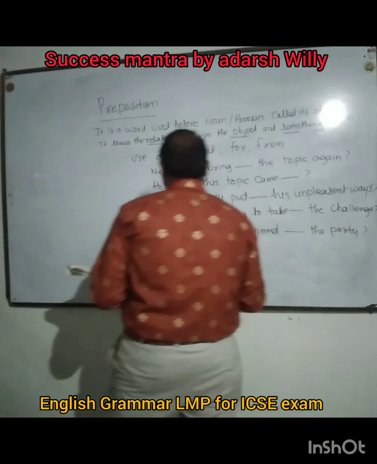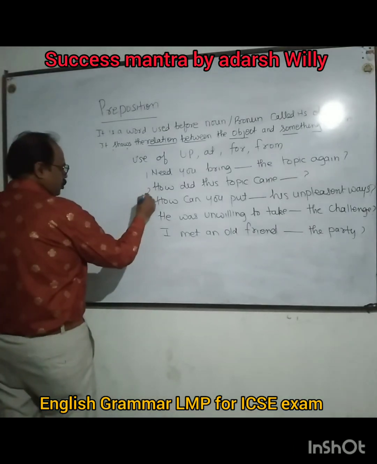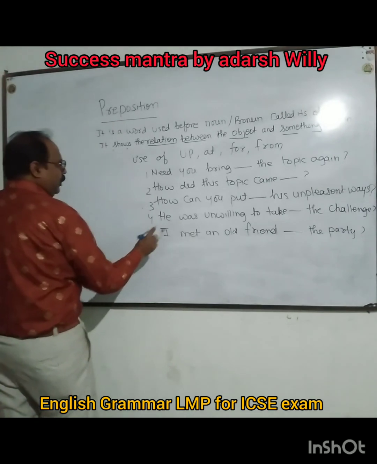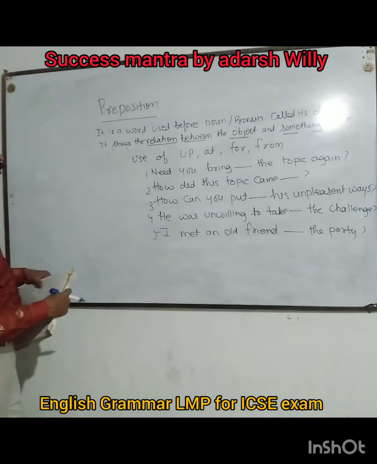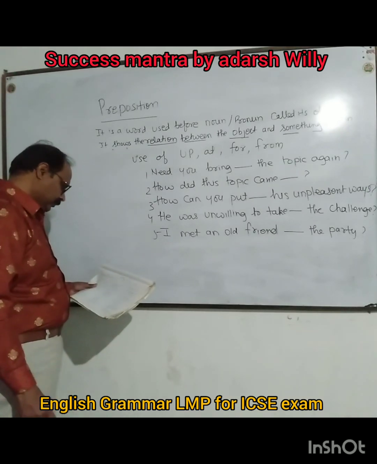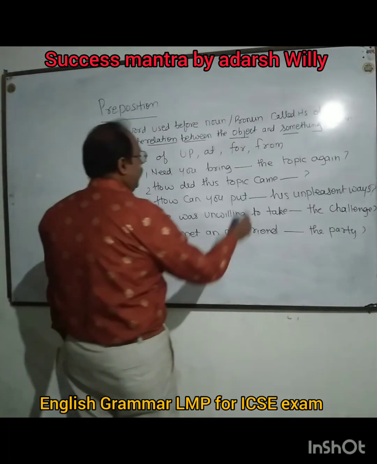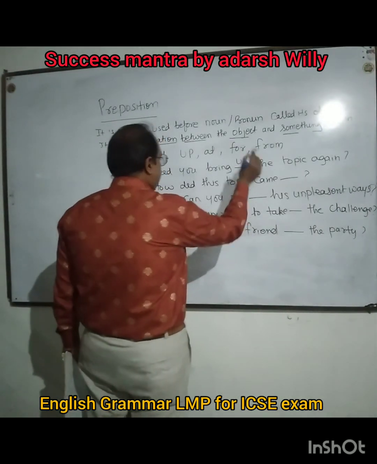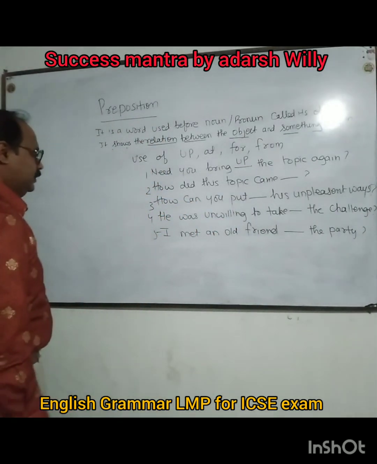Okay. See, sentence number 1, 2, 3, 4, 5. Sentence number 1: need you bring dash the topic again. Now what should come over here? Up. Yes, up is the right answer. How did this topic?